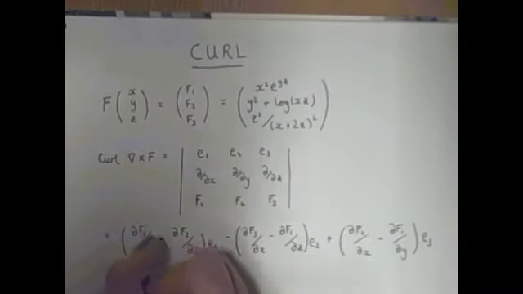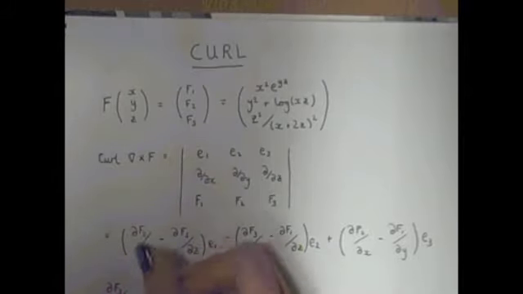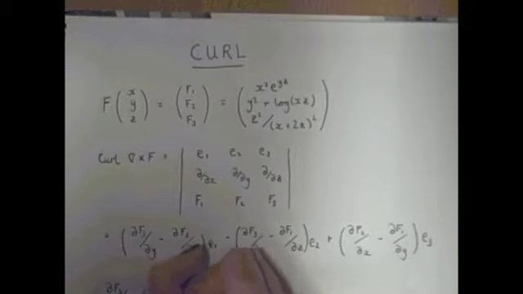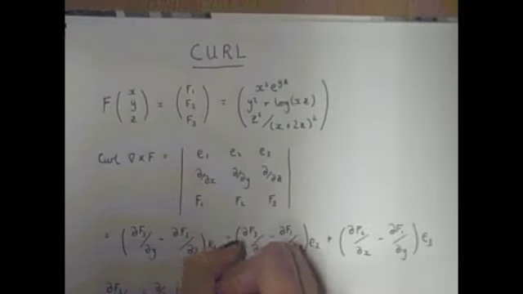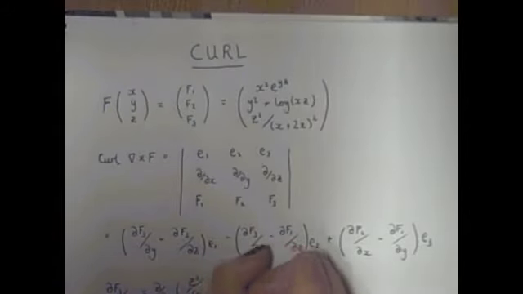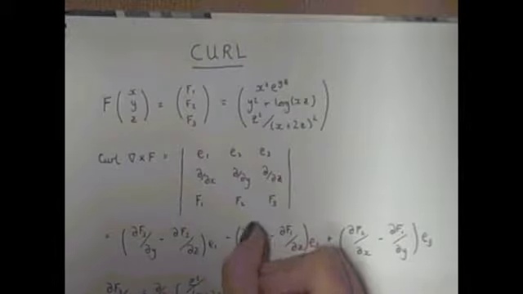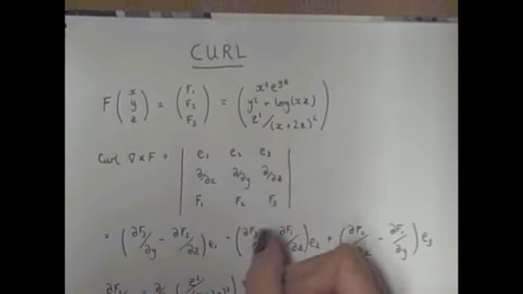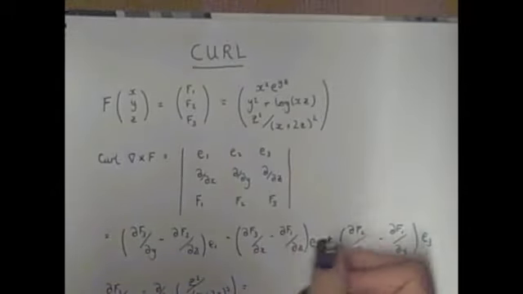First we take df3 over dy, which is the partial derivative of y of f3, which is z squared all over (x plus 2z) squared. As there are no y terms in the equation, this equals 0.